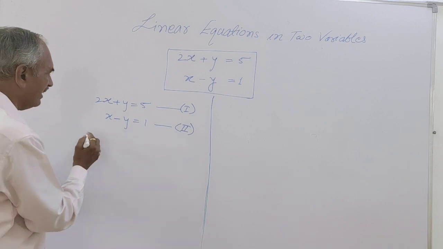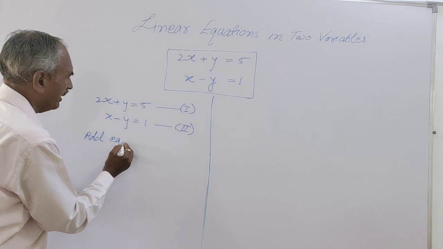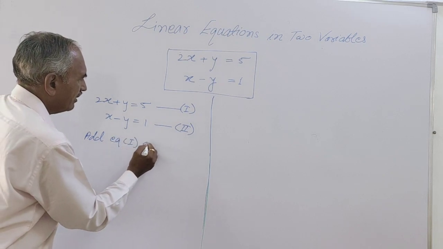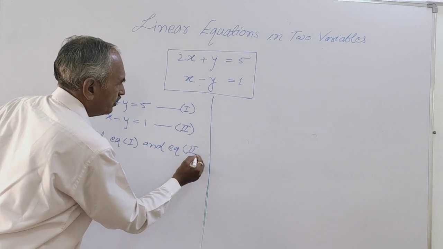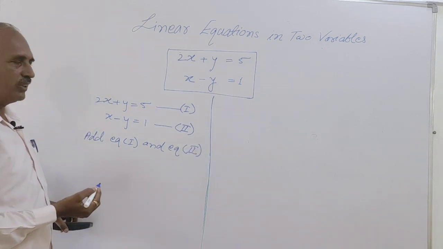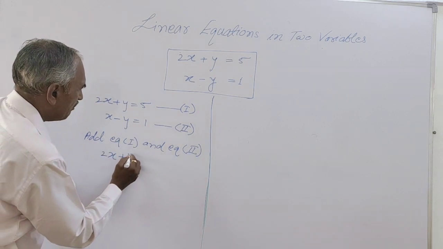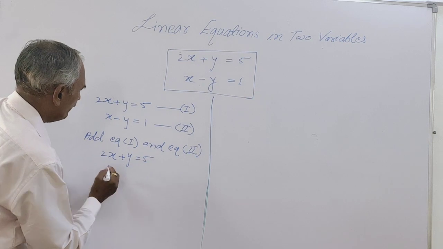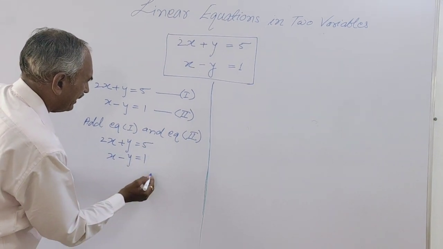So I will write here, add equation 1 and equation 2. I am adding these two equations. 2x plus y is equal to 5 and x minus y is equal to 1.